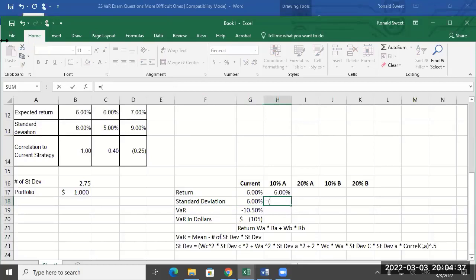So it equals the weight of A squared times the standard deviation of current squared. If I say A, I mean current.